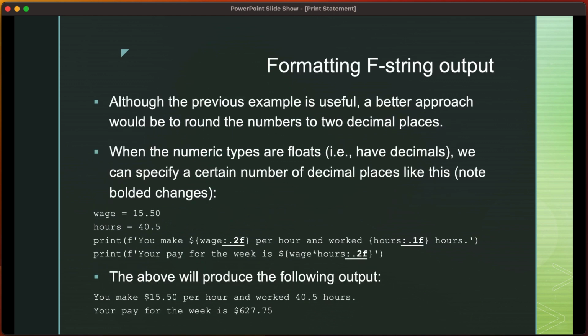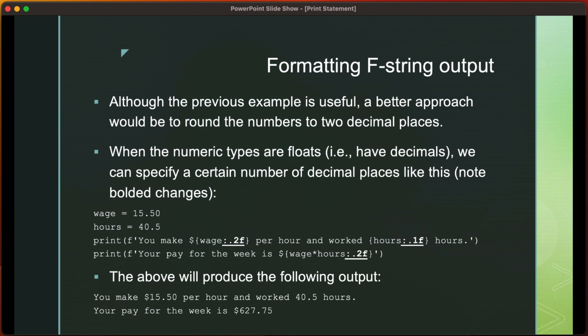So if we want to format output, especially with floats, we can do that by rounding to a certain number of decimal places. When the numeric types are floats, and that is that they have decimals, we can specify a certain number of decimal places by using :.2f. :.2f will actually round the output to 2 decimal places, or will force it, in fact, to 2 decimal places. :.1f will round it to 1 decimal place.